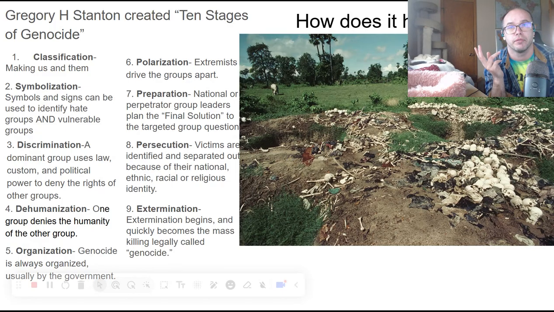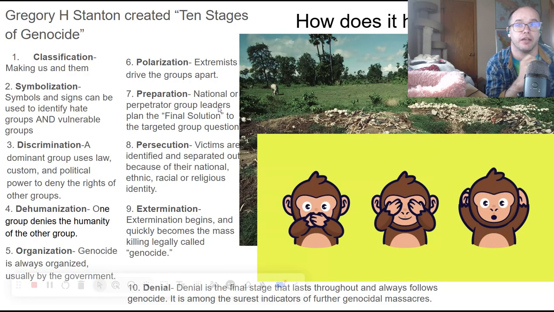Now, after the extermination, and to be honest, throughout this entire process, we have the final step, which is denial. Denial is the final stage because it happens after the extermination, but it's been happening before then too. It's denying that a genocide is happening.